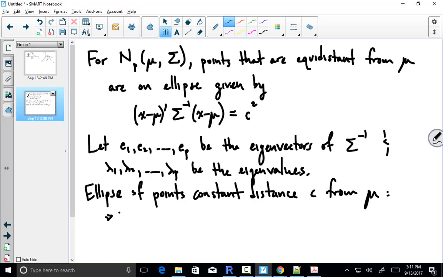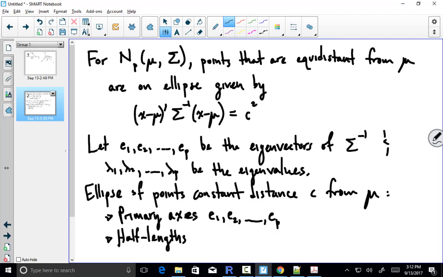They have primary axes E1, E2, EP. And they have half lengths c divided by the square root of lambda 1, c divided by the square root of lambda 2.